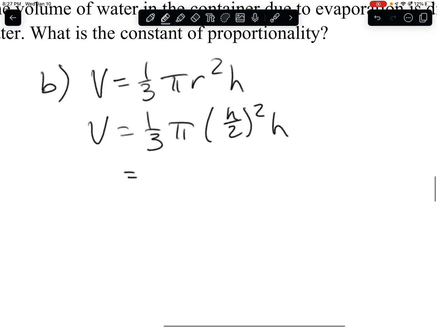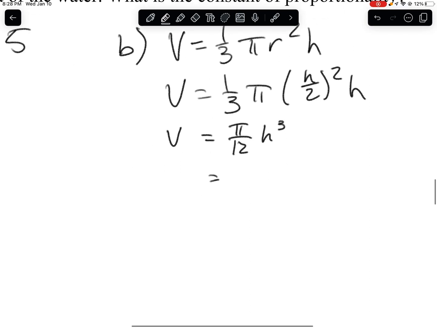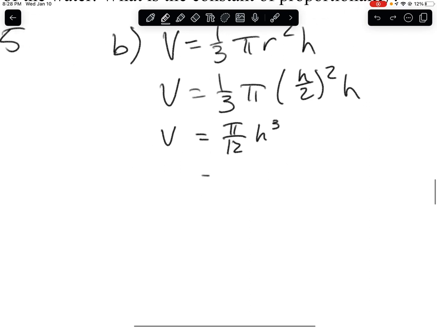So now, as I simplify this, before I derive it, I want to get it as nice and succinct and simple as possible. I'm going to have pi/12, 3 times 2 squared. That's where the 12 comes from, and I just move the pi up top. And then I'm going to get h cubed. Simple as that. That's equal to my volume.